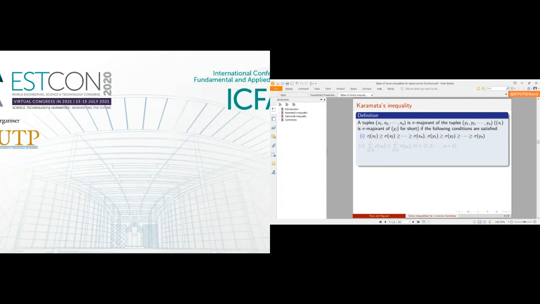It means sigma x1 bigger than sigma x2 bigger than sigma xn, sigma y1 bigger than sigma y2 bigger than sigma yn, and the sum of sigma xk is bigger than or equal to the sum of sigma yk for any i from 1 to n minus 1.